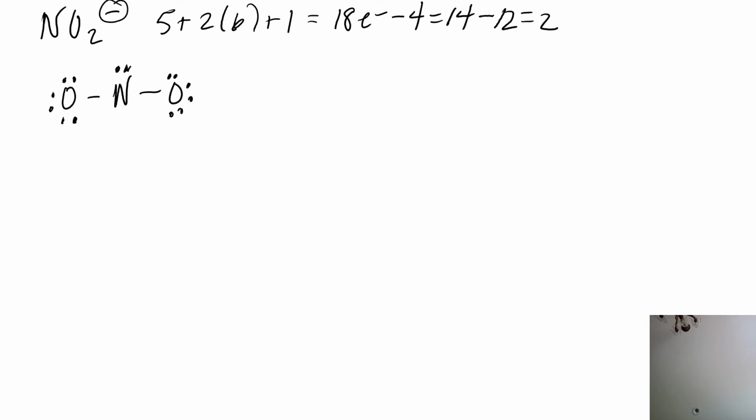However, nitrogen is still lacking 2 electrons, so that means that one of those oxygens must share a pair of electrons with nitrogen. Both oxygens are capable of doing so, and so if you recall what happens then, we have resonance. So there are 2 structures.